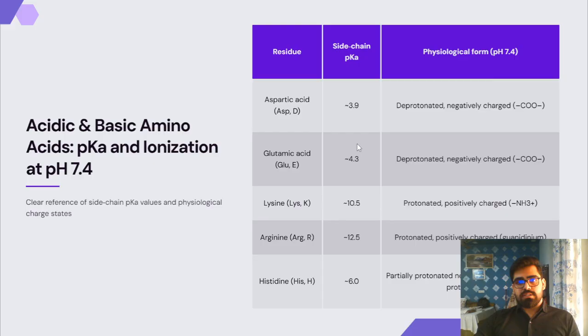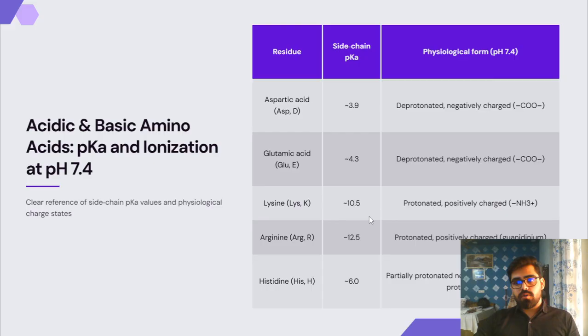But lysine falls under the basic category. So notice there is a plus charge on the amine side, which is the NH group. Arginine is also basic, protonated, positively charged, and it will have more positive charges as compared to lysine. And histidine is partially protonated near physiological pH. It is also near the neutral pH, so there's a little difference to it.